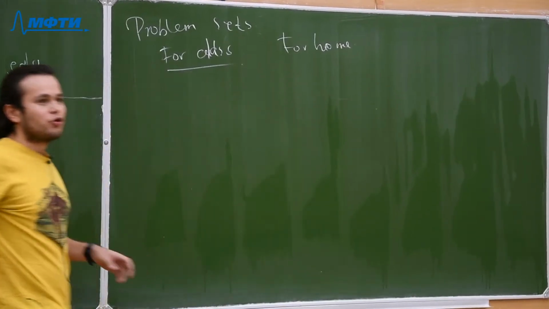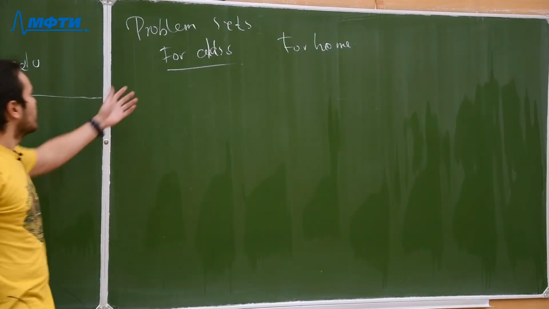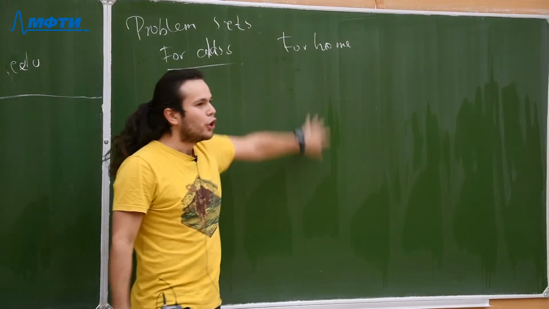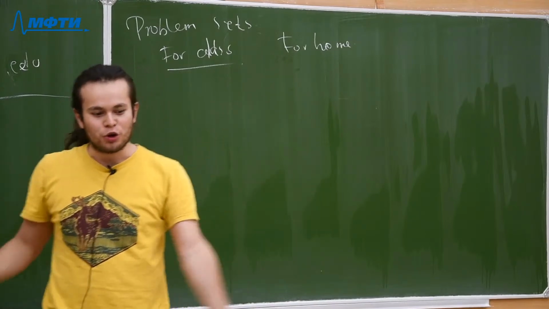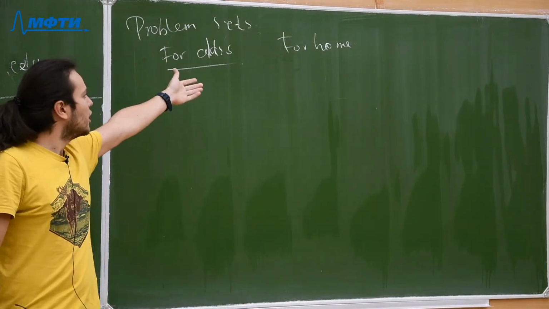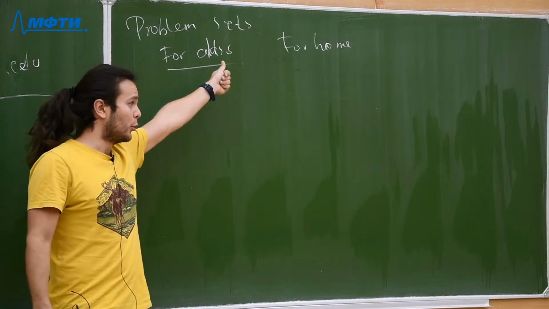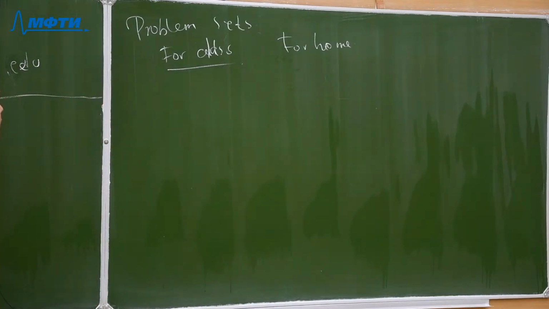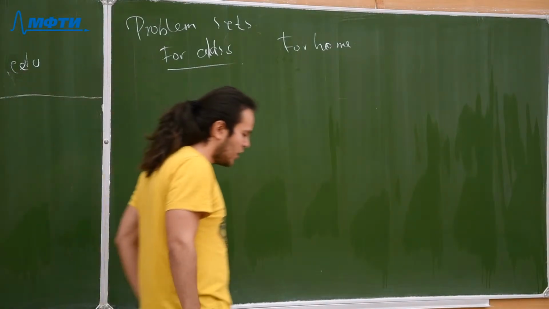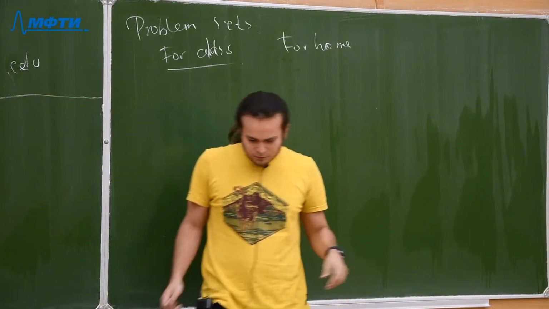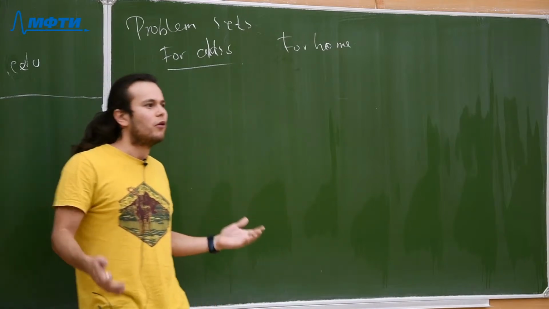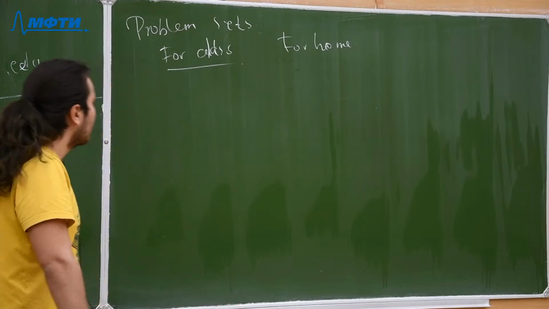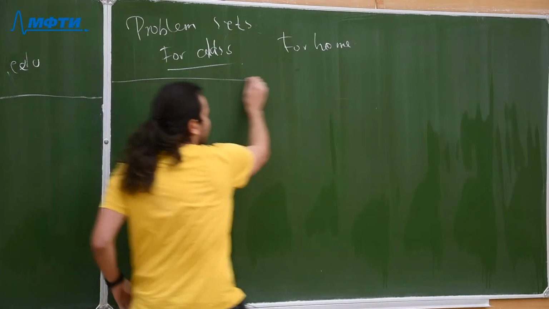I'm going to try to resolve all the problem sets for class here, and the problem sets for home, you need to defend either with me or with the lecturer, okay? And I'm not sure about the grade system of the course, but we will explain to you later, okay? And that's it for these things.